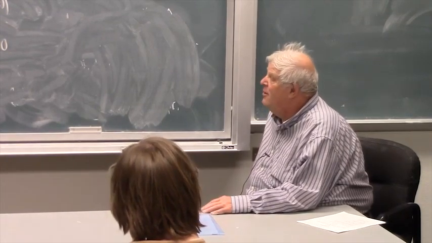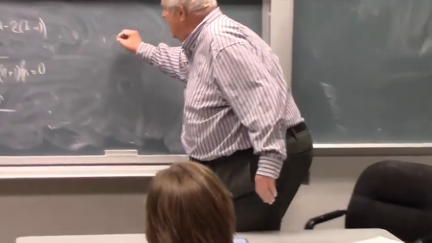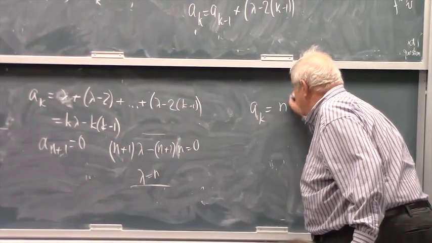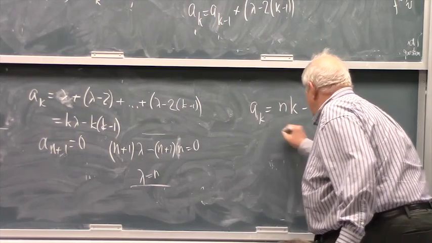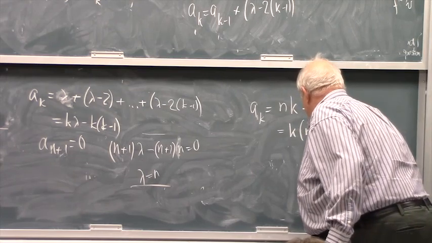If you now compute, so a_k is n k minus k(k minus 1), which is k times (n minus k plus 1).